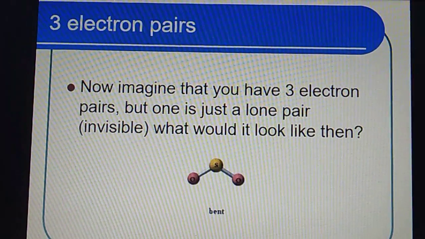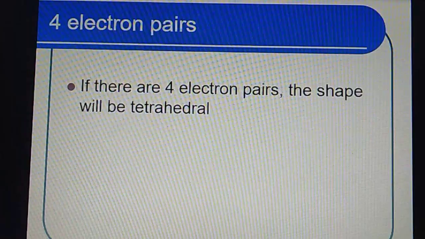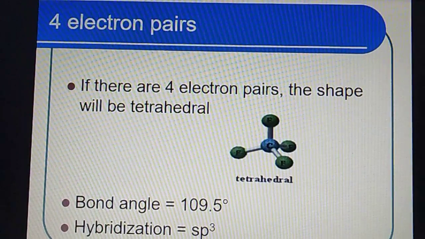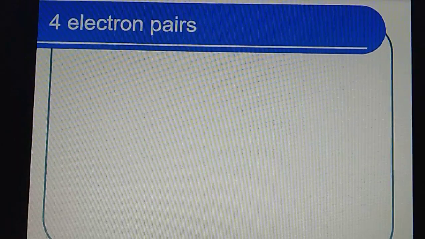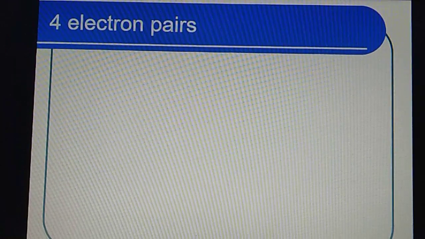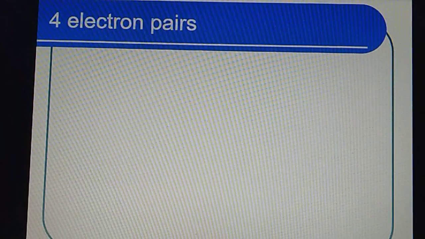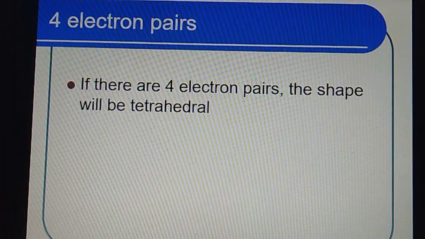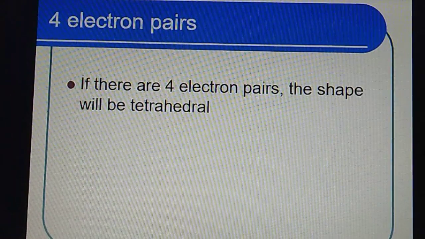If you go to the next slide, what will be the next case, student? Suppose there are 4 electron pairs, the shape will be tetrahedral. You can check in the slides how they are distributed in the tetrahedral structure.